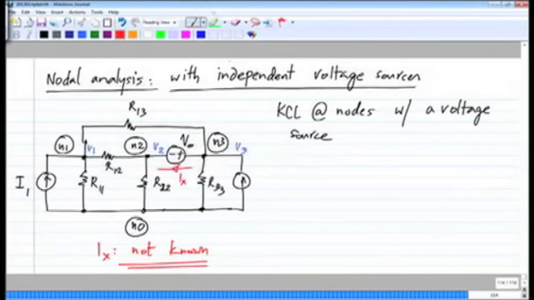But I can still write the KCL at these three nodes if I denote this as Ix, and that's what I will do. So at N1, the equation is exactly the same as before, so I will write it straight away.